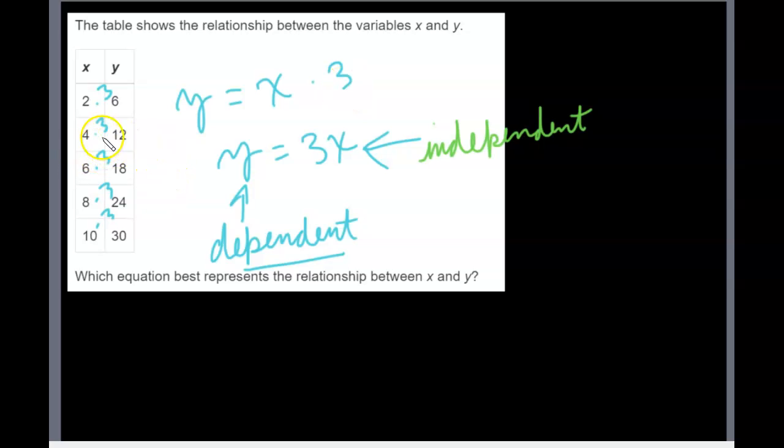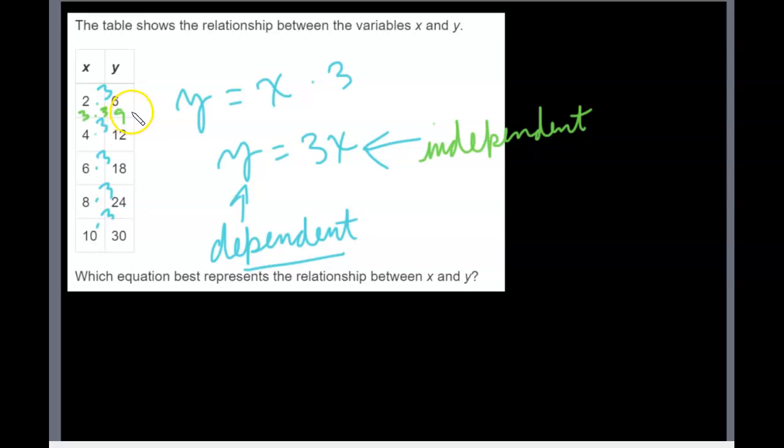So how about other patterns? Let's check out if we look down the column, it looks like it's going plus 2, plus 2, plus 2, 2, 4, 6, 8. We could have numbers in between here. I mean, what if I had a 3 for the x value? Well, 3 times 3 would make 9. Our y value would be 9. But the x values are going up by 2.